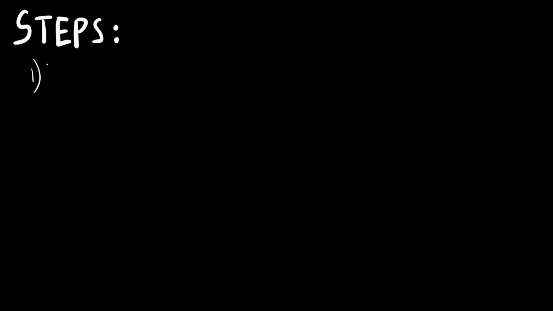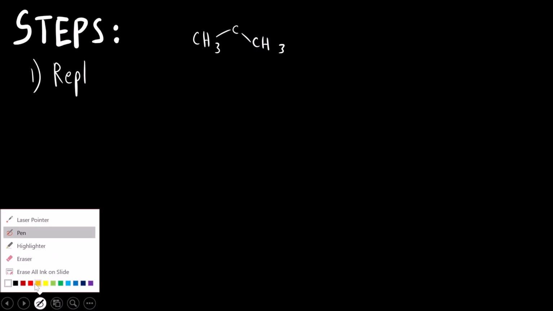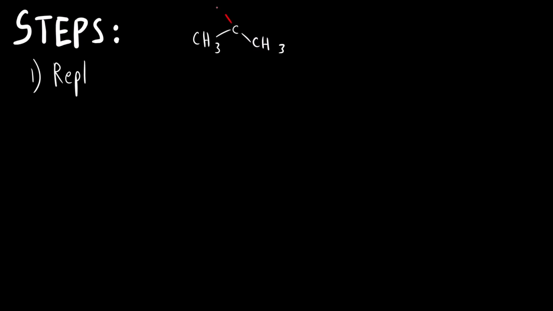Let us first understand the steps to finding out the topicity. The first step is to replace. Suppose I take some molecule, and there are two groups for which I want to find out the stereochemical relationship, let's say HA and HB. Suppose I want to find out the stereochemical relationship between these two hydrogens.